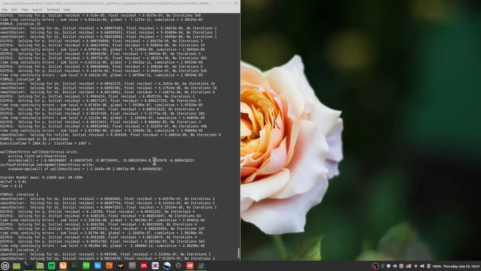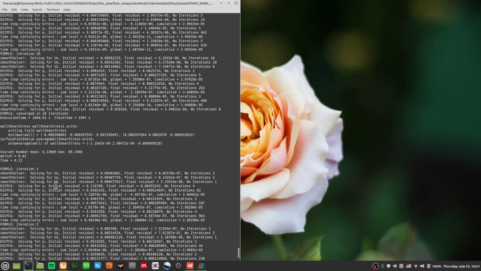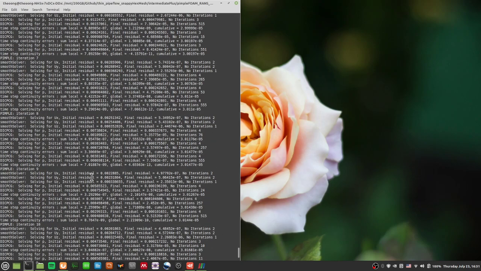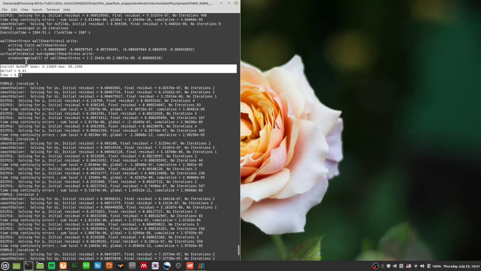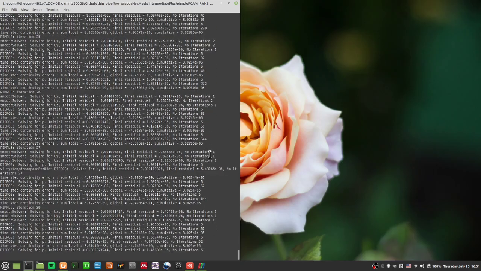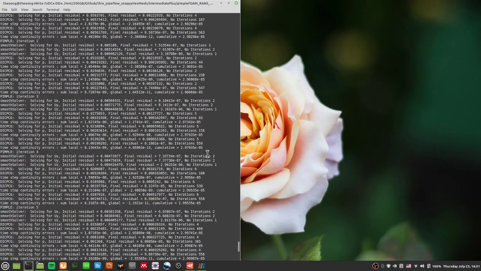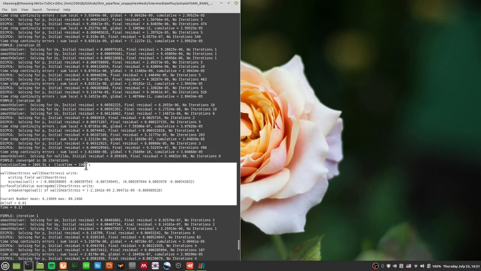It looks like we are going into time equals 0.13. The theory, at least that I was trying to get across, was as long as you put your relaxation factors lower, you should be able to get a stable solution.